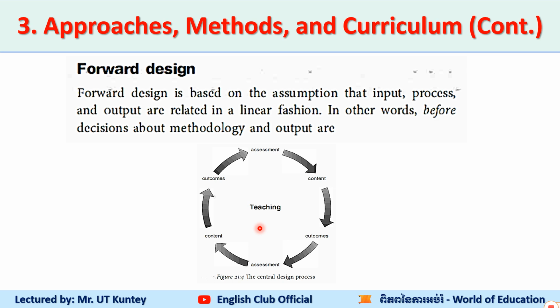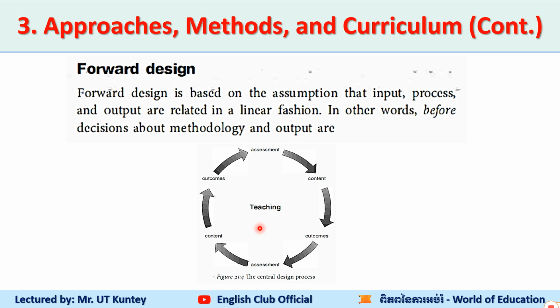So the first one, you have to consider the result first. When you teach this lesson content, what results will you give to your student? When you give this result to the student, are there any challenges? You have to consider any questions and then try to answer by yourself.